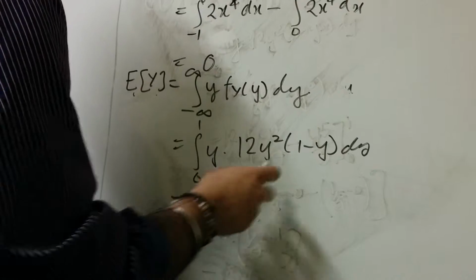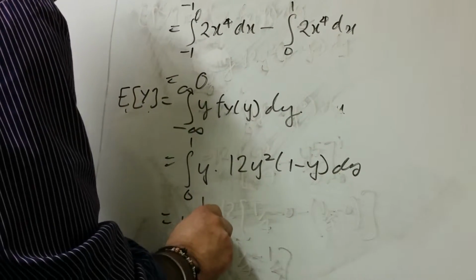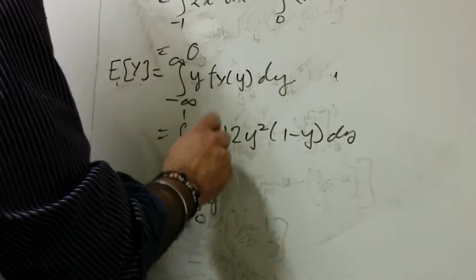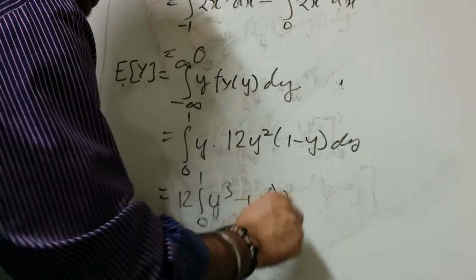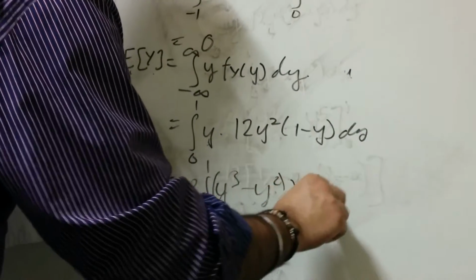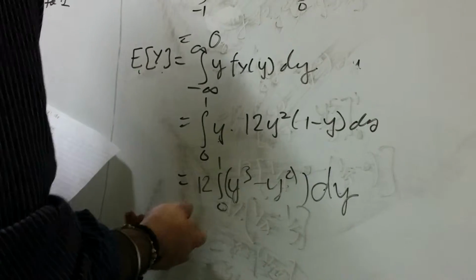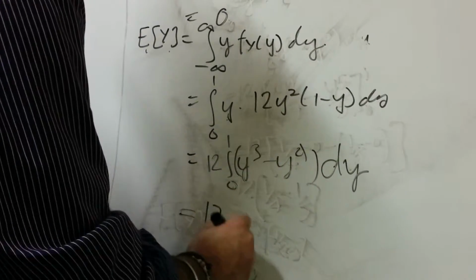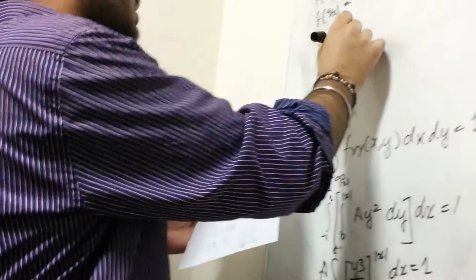On taking the common term out and multiplying y with this term, we get y^3 - y^4 integration with respect to dy. On solving this, we would get the value as 12 by 20. On simplification, this is 3 upon 5. So the expected value of y is 3 upon 5.